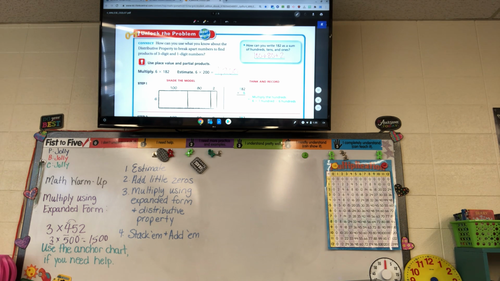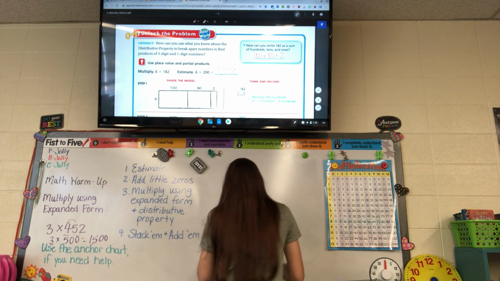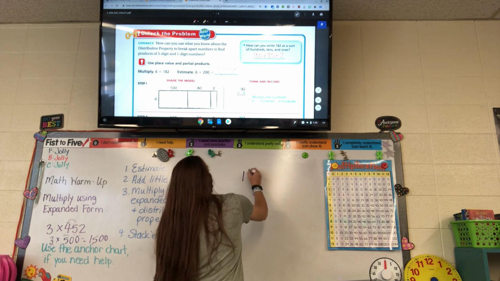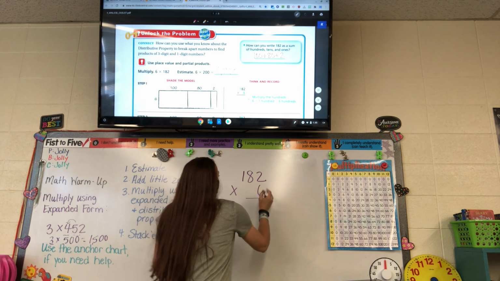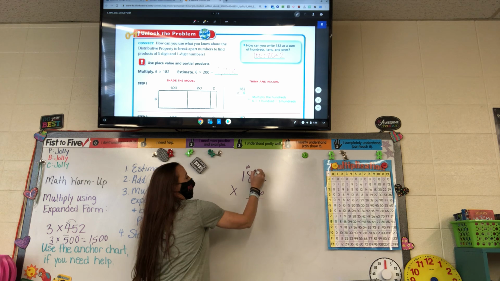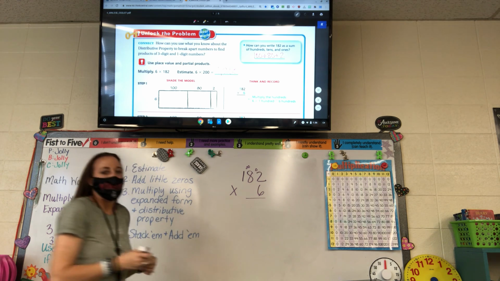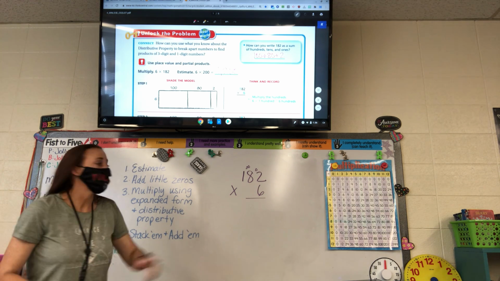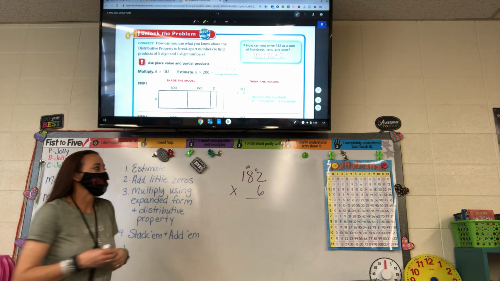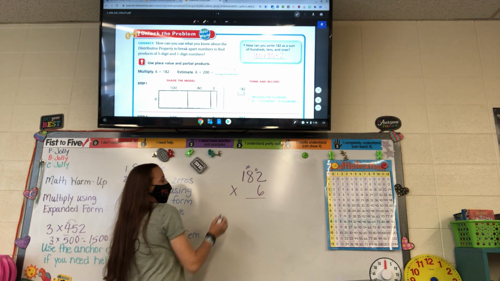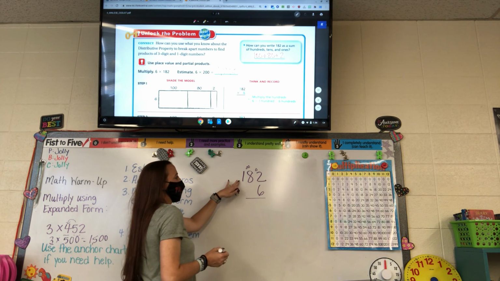Okay, here we go. Shade the model. All right, so remember I told you we're going to be writing them different. So 182 times 6. 100 gets 2 zeros, 80 gets 1. And now we're going to start by multiplying 6 times our biggest number, which is what? 182.